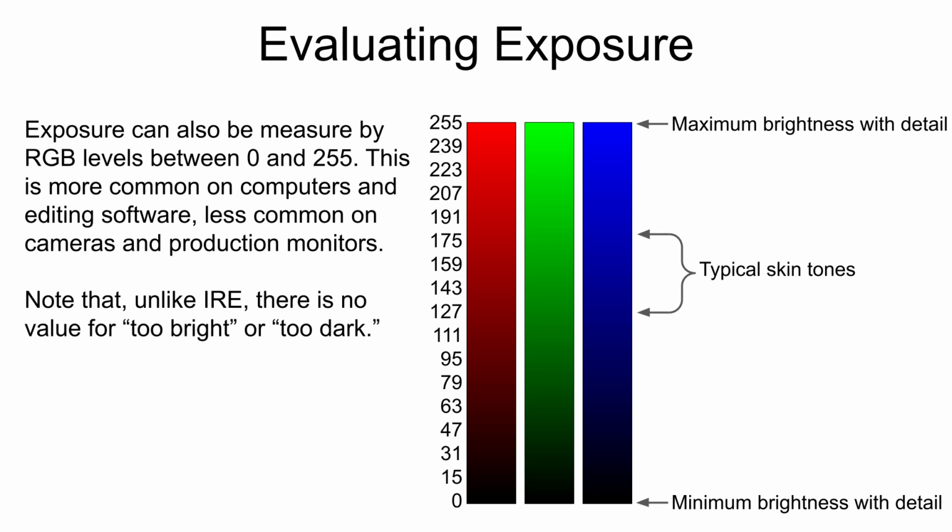Unlike IRE, you can't go lower than 0 or higher than 100%, which is 255. Whether you use IRE or RGB or even just percentage doesn't really matter. What matters is that we have an objective way to look at how bright our image is.